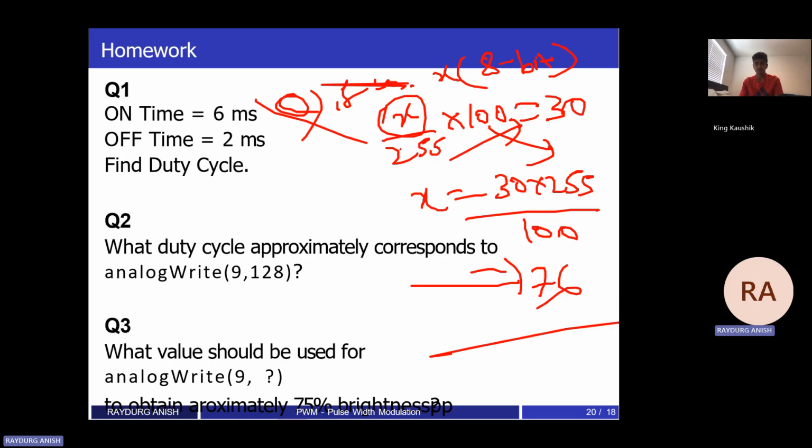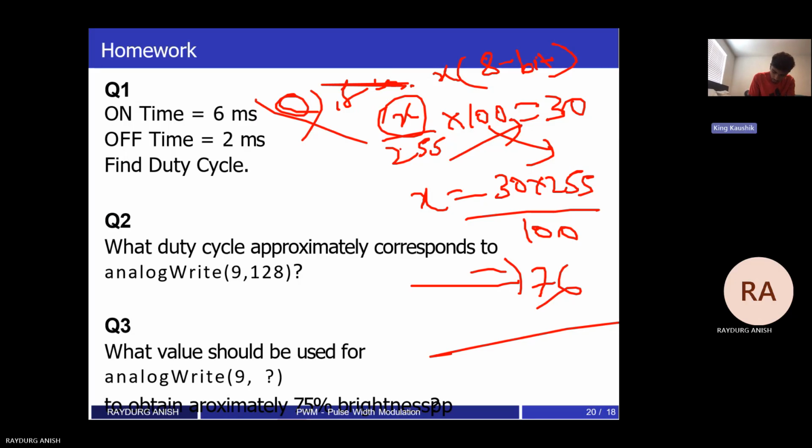Whatever we have discussed, write a question: if the duty cycle is 30%, then what is the corresponding analog X value, considering the input is 8-bit only.